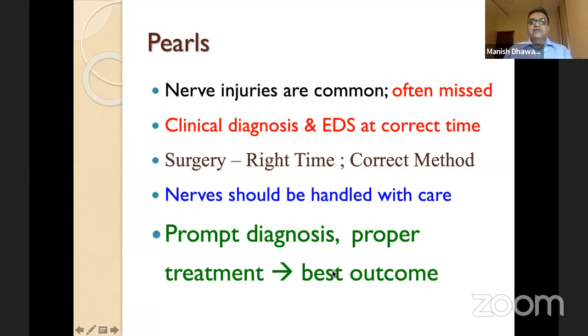Dr. Kotwal, if you have to choose between epineural repair and the fascicular or perineural repair, are the results different, or how do you decide which kind of repair should be done in which situation? Actually, the best is individual fascicular repair, because then you are doing the correct coaptation.